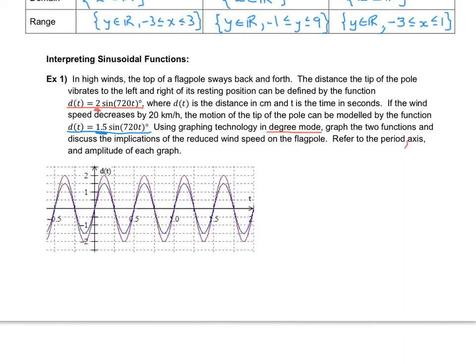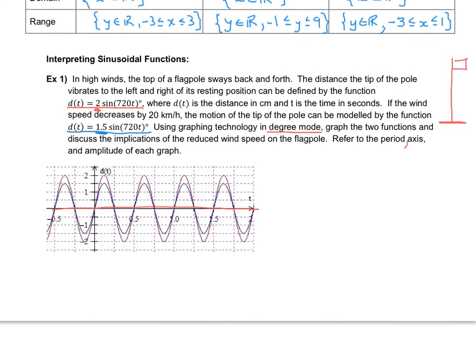So if we look at the original red graph here, I'm noticing the axis is at y equals 0, or d at t equals 0. So the actual t-axis here is the axis of the curve. Now, if you had a still day, with no wind at all, that flagpole is just going to be a nice vertical flagpole to the ground, and there's not going to be any vibration happening there.